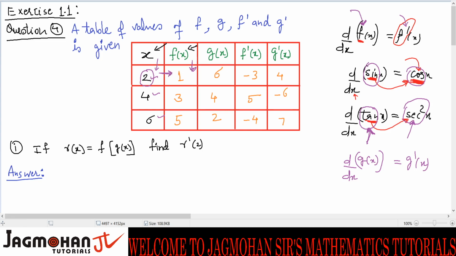So what is this value? This is f of 2. When x value is 2, f of x is 1. So here you plug in 2 in place of x.